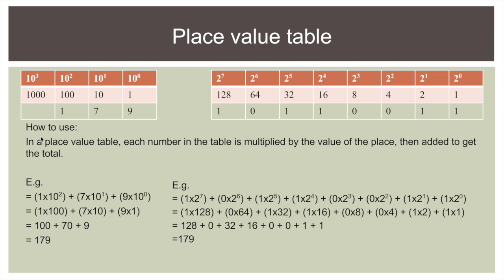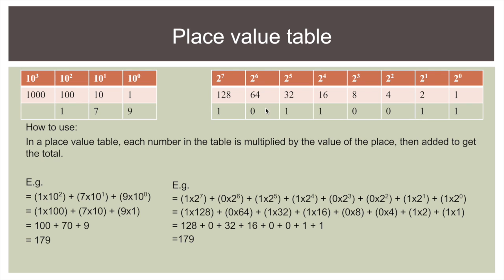In a place value table, each number in the table is multiplied by the value of the place, then added to get the total. So both of these are 179. This is 179 in base 10, and this is 179 converted to base 2.